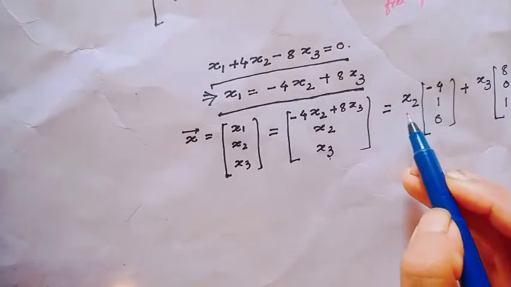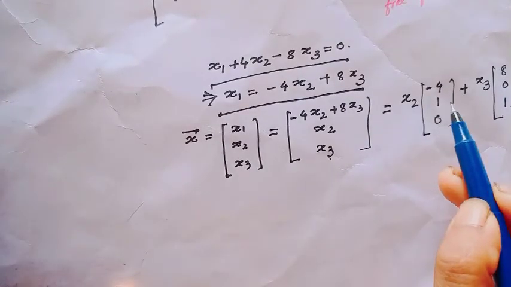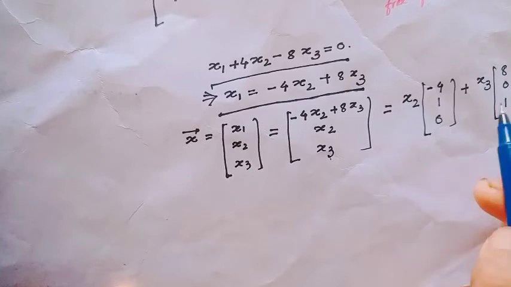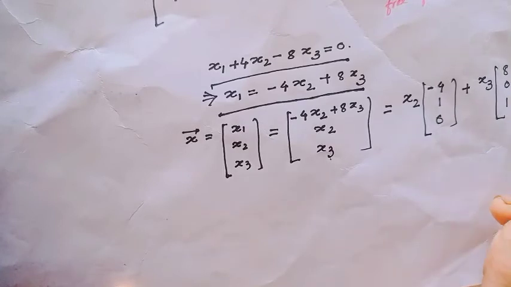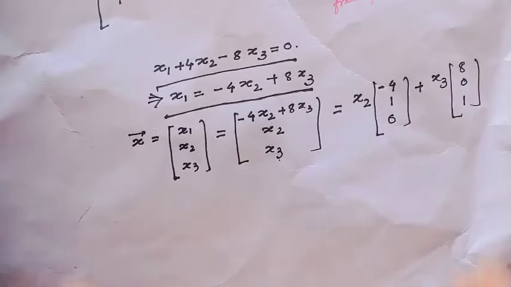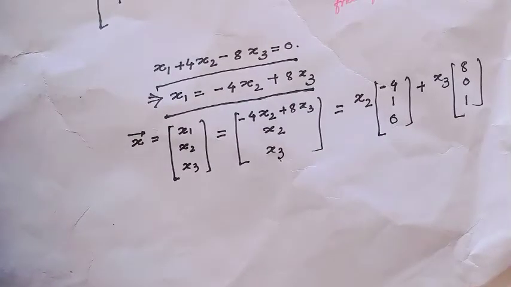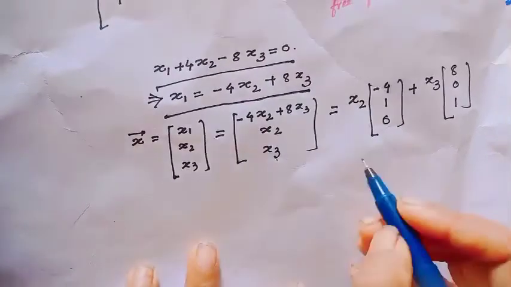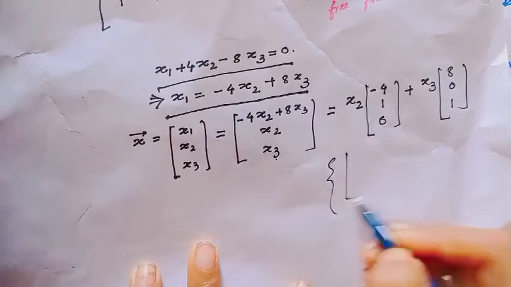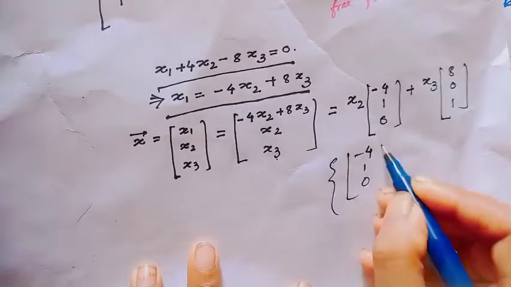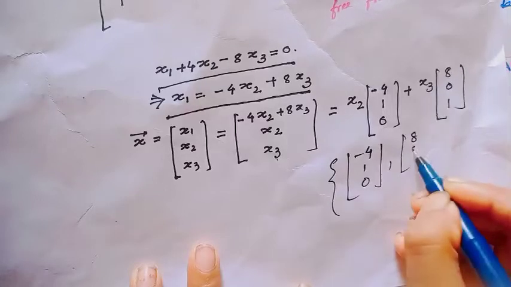That means this is equal to x2 times (minus 4, 1, 0) plus x3 times (8, 0, 1). These are the eigenvectors, minus 4 1 0 and 8 0 1.